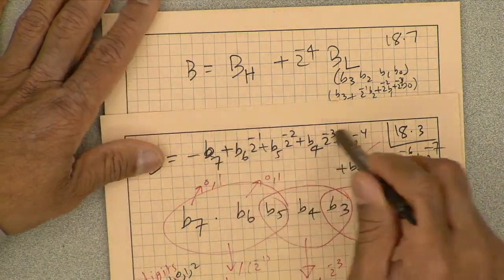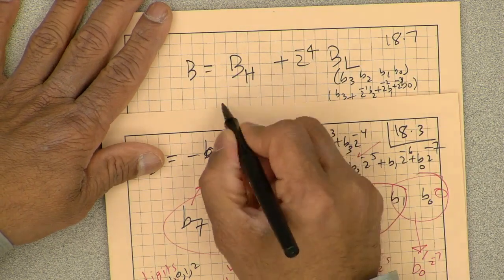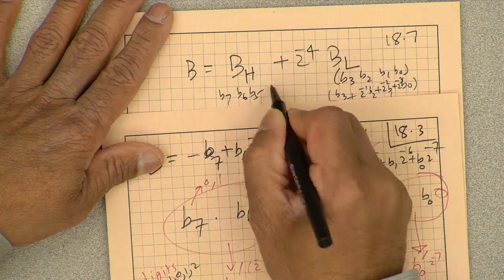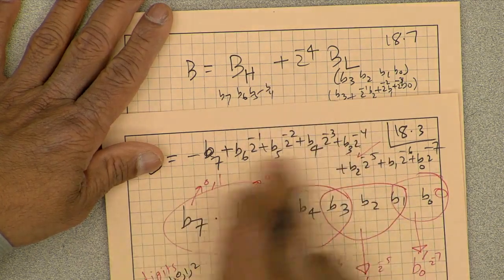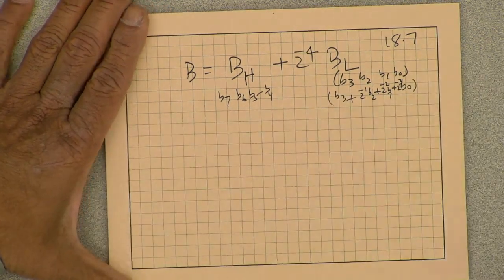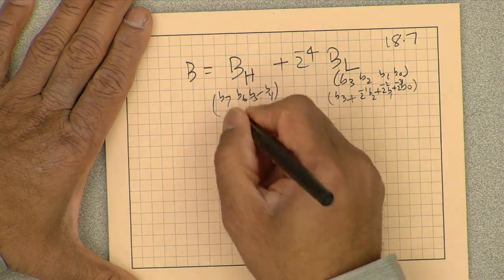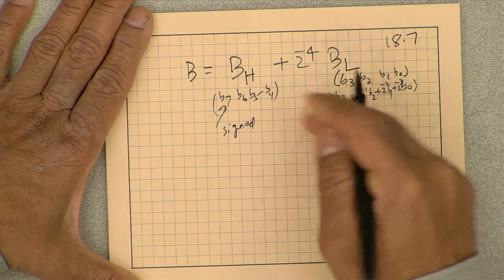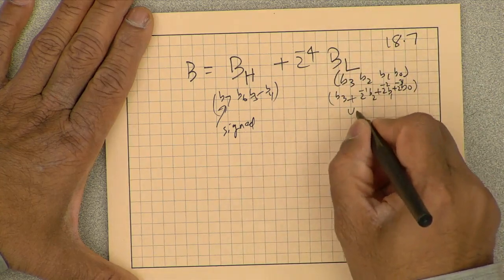The first part, b high, would constitute the bits b7, b6, b5, b4, and that would have this value. So you can think about these bits: here this is a signed bit, and you can think about b low to be unsigned. So these are all unsigned.